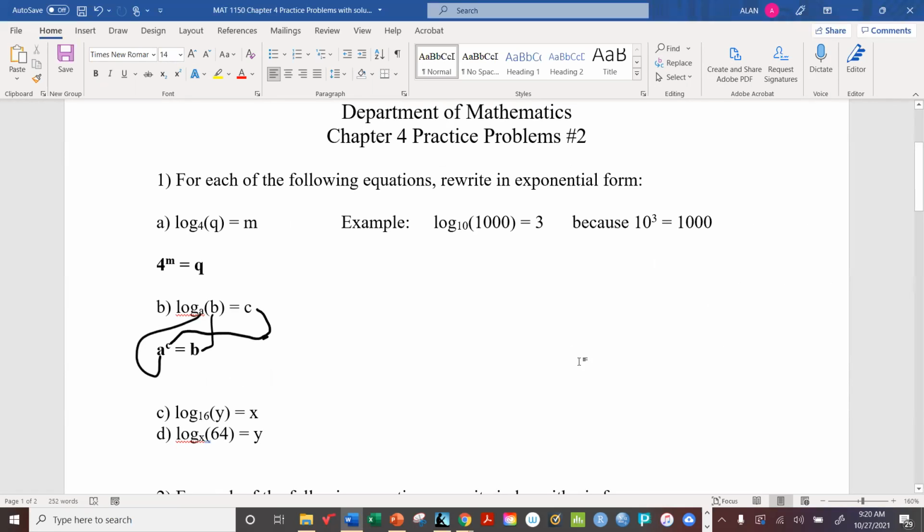All right, now how about this one? This one is telling me that 16 raised to the x power is equal to y.